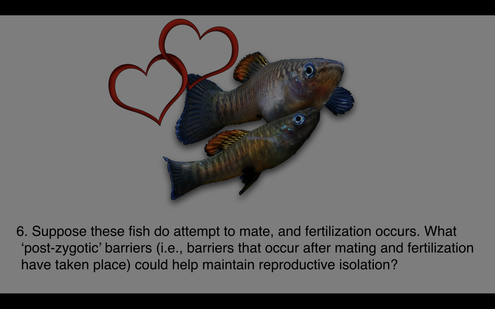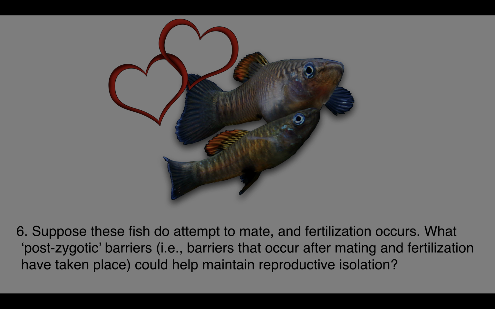What postzygotic barriers, or barriers that occur after mating has taken place, what kind of barriers do you think could help maintain reproductive isolation? So this is number 6 on your page. Think about that for a minute. Pause it, think, and talk about this idea. What could happen after mating has already taken place and fertilization has occurred that could prevent gene flow?